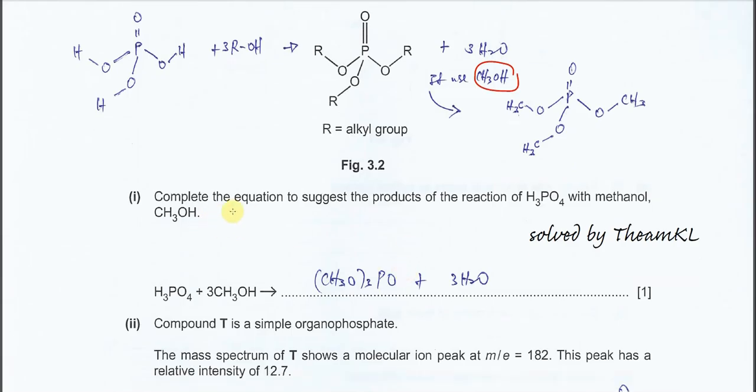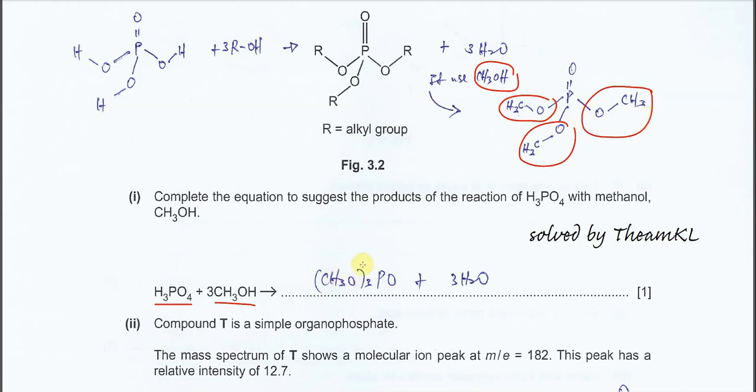Part 1, complete the equation to suggest the products of the reaction of H3PO4 with methanol. So we know it is from this product, and in this product the phosphorus is bonded to OCH3, OCH3, OCH3.